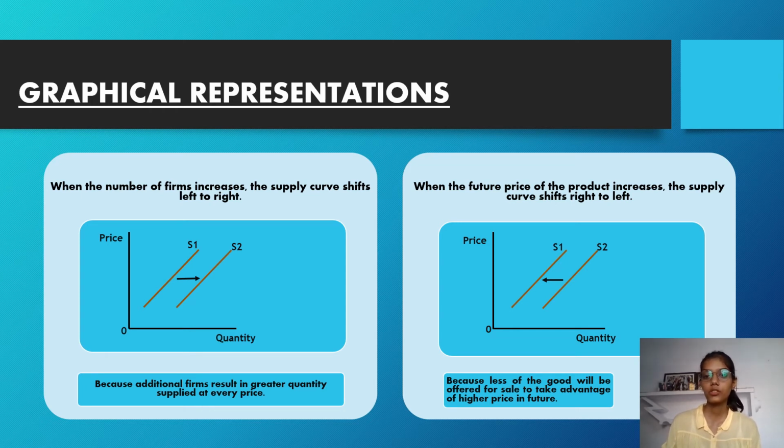When the future price of a product increases, the supply shifts right to left because less of the good will be offered, to take advantage of avoiding high prices of products.